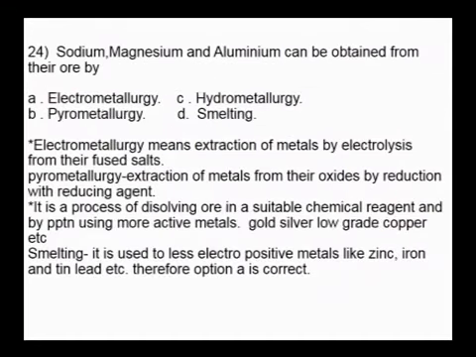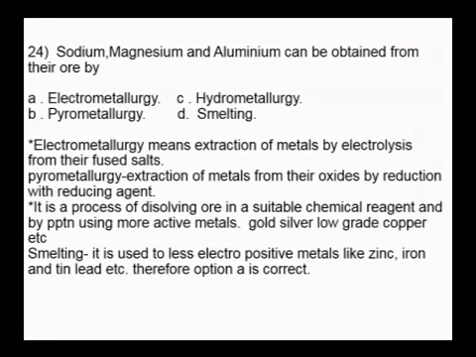So, now let us see the next one. Sodium, magnesium and aluminum can be obtained from their ore by, 4 options: A, electrometallurgy; B, pyrometallurgy; C, hydrometallurgy; D, smelting. So, let us see one by one. Electrometallurgy is used to extract metals by the electrolysis of salt solutions using anode and cathode. The next one is pyrometallurgy.